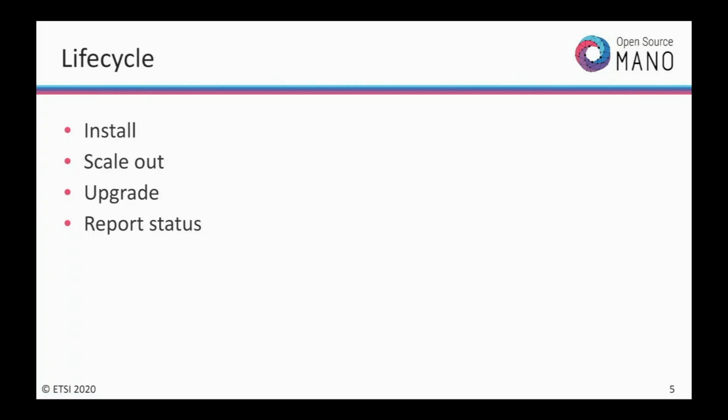So, for instance, we could have one instance of a workload, but then we may want to scale that to 3. Also, the upgrade of the workloads, upgrade of packages, and so on, and report the status. Those are some of the lifecycle operations that we can manage with the charms.